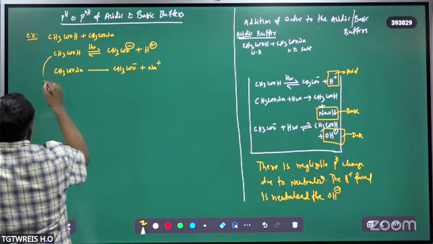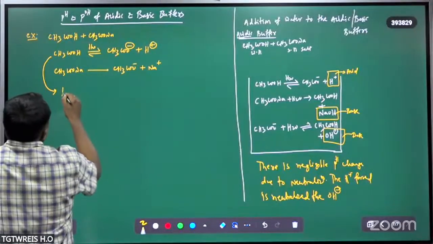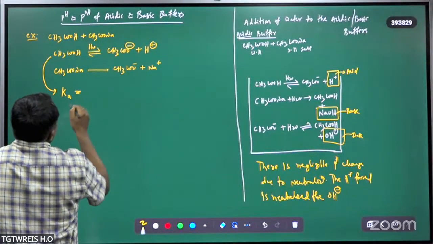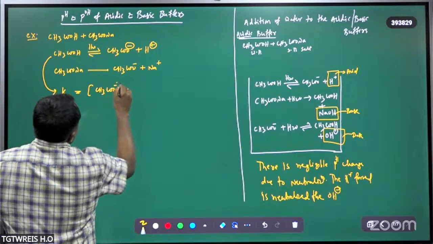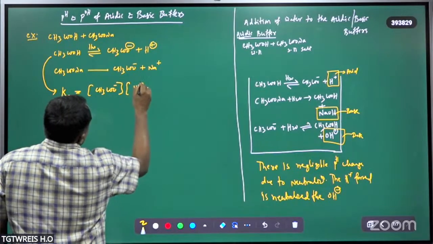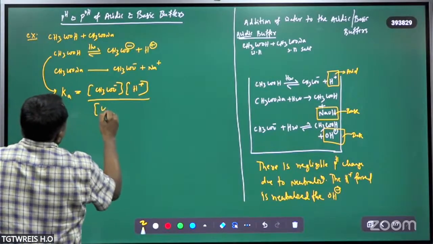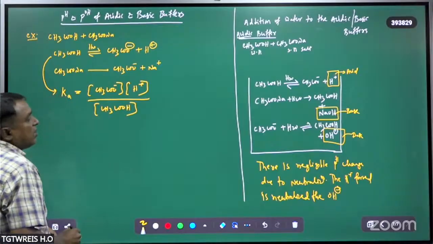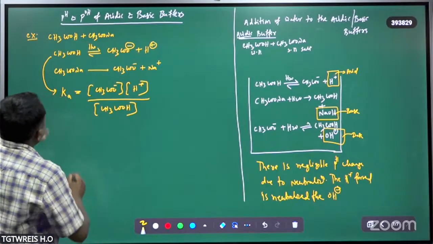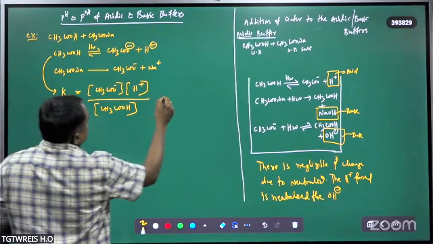For this acid, Ka is equal to CH3COO minus into H plus by CH3COOH. Ka is the acid dissociation constant.